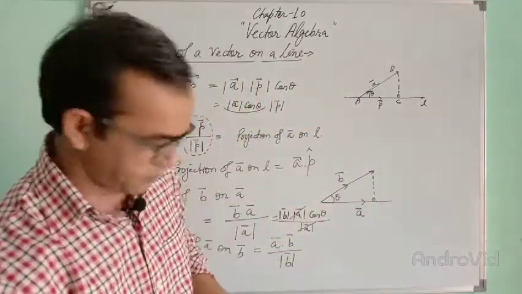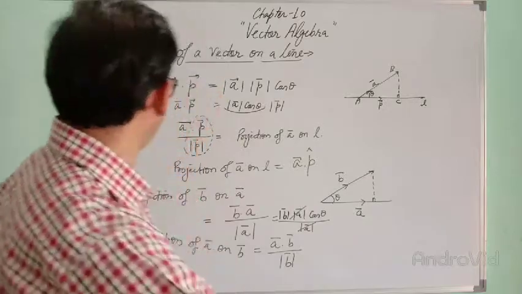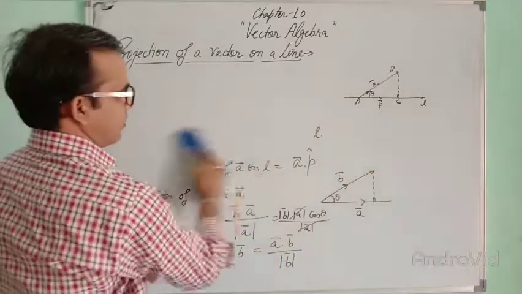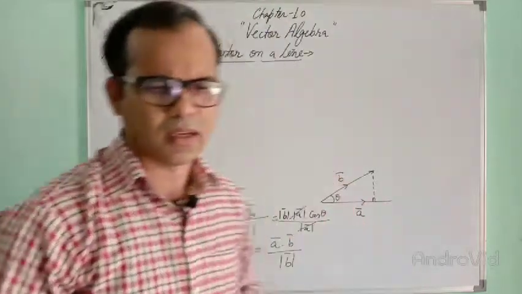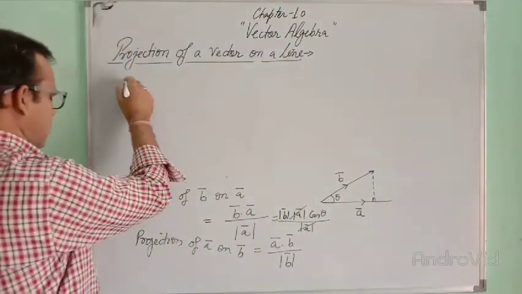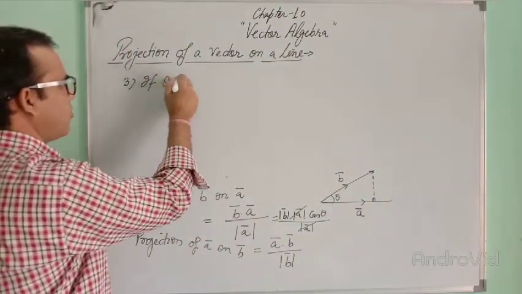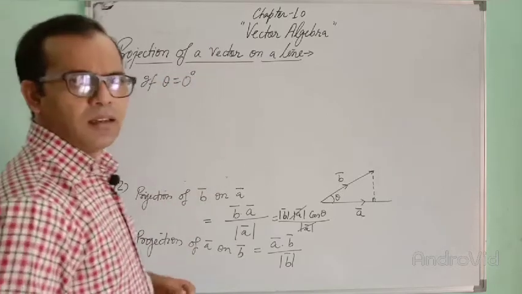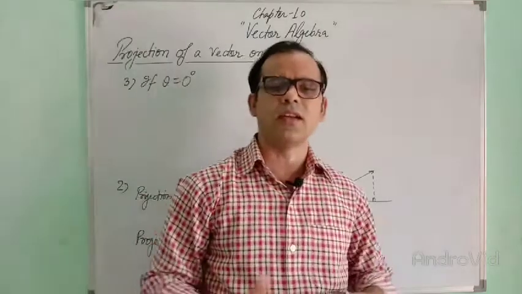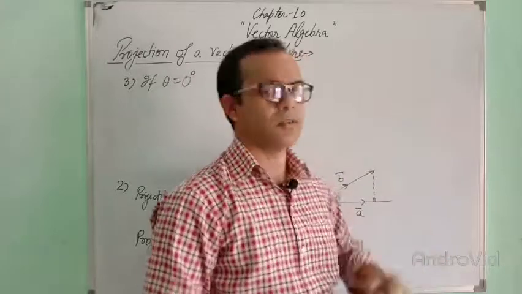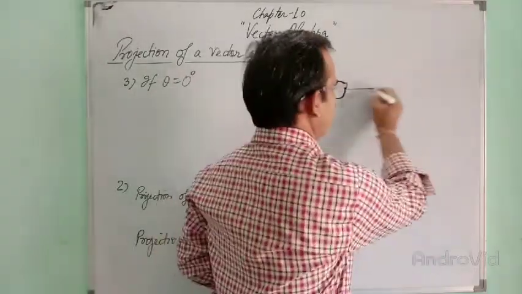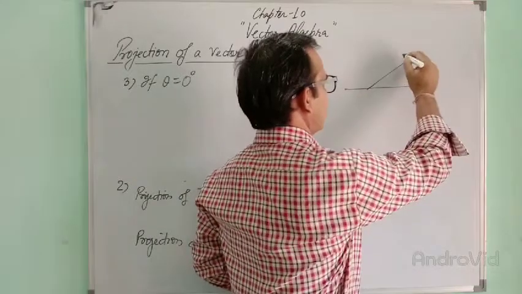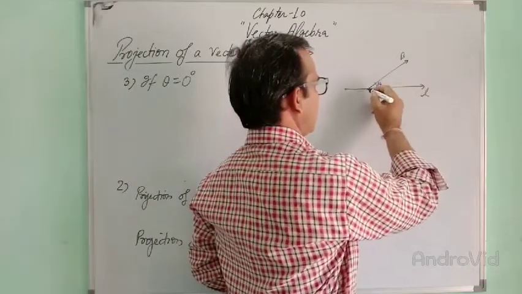Now let's consider that theta is 0 degree, means the angle between the two vectors is 0 degree. In the first case, suppose we consider the line AB, it is AB and this is theta.